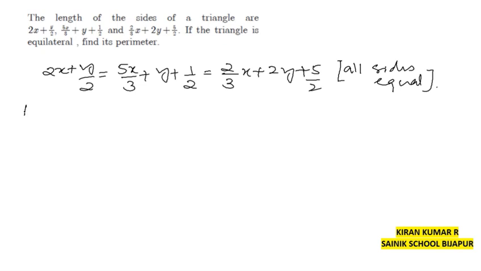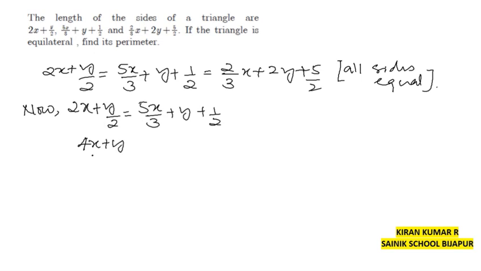Now if you consider these two, let me write that 2x plus y by 2 equal to 5x by 3 plus y plus 1 by 2. Take the LCM, we get 4x plus y by 2 equal to, here the LCM is 6, so we get 10x plus 6y plus 3 divided by 6.